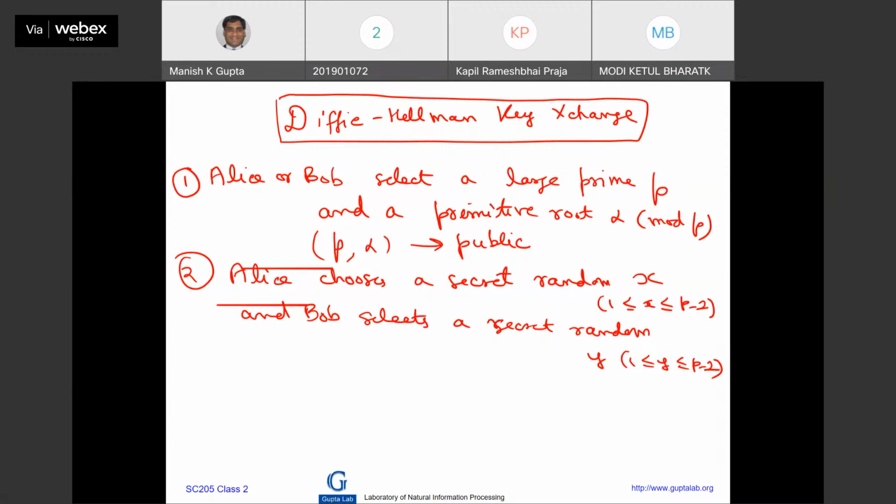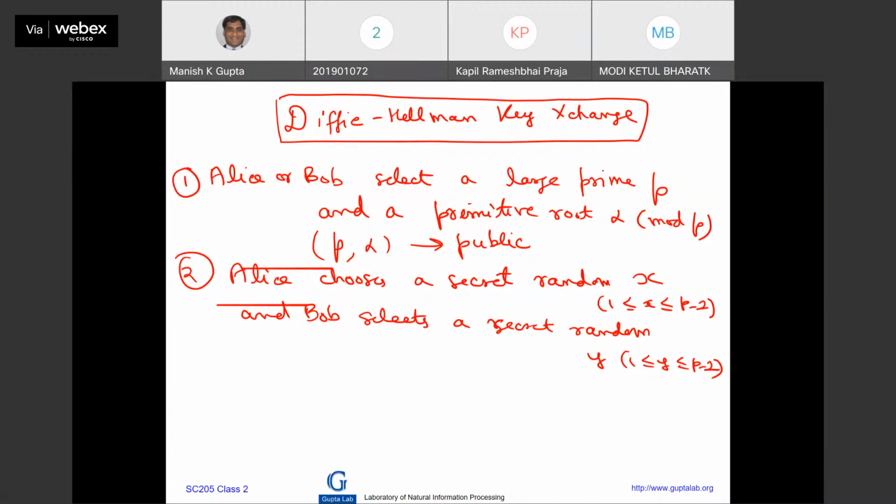Now, the objective is that they want to share a common key. So I'll show you how to get a common key while sending something on the public channel.